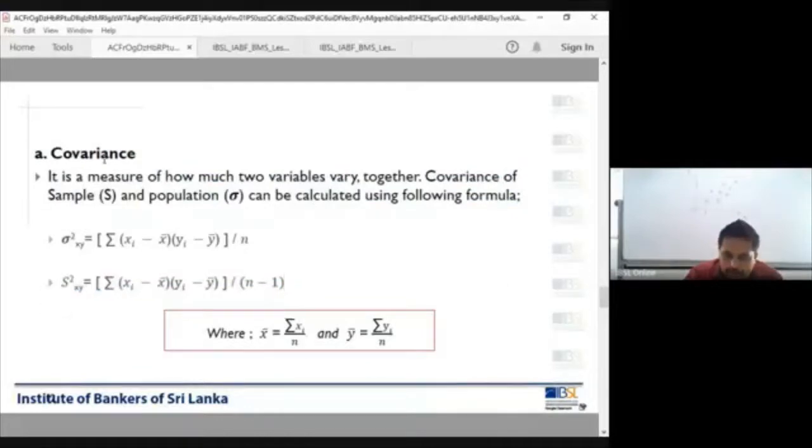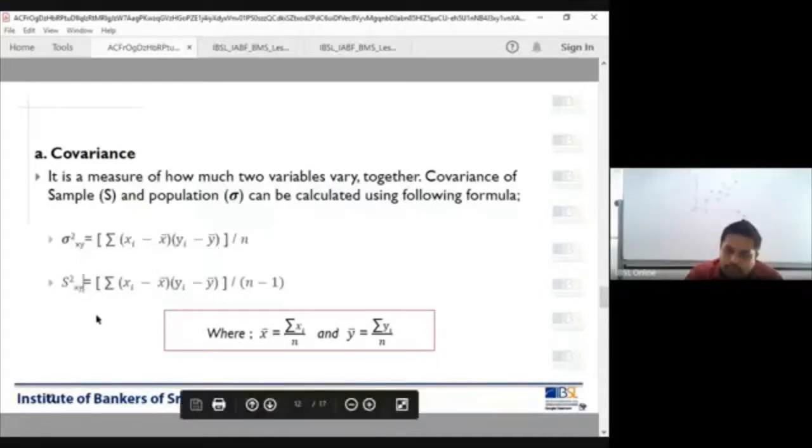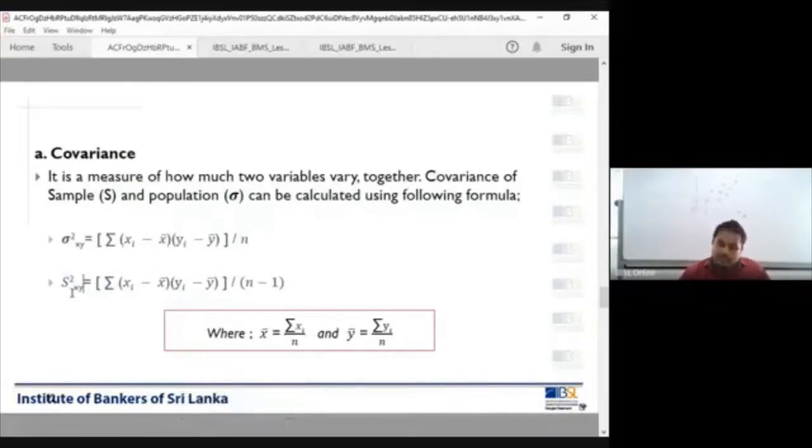So the covariance in statistics is denoted by S square. For the previously learned variances, S square was the same, but it didn't have x, y, for that case, because we indirectly imply S square for one variable. But for given two variables, it's important to write S square for x, y.